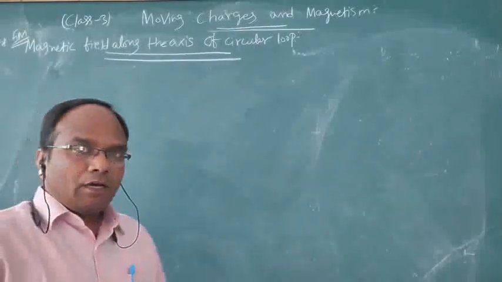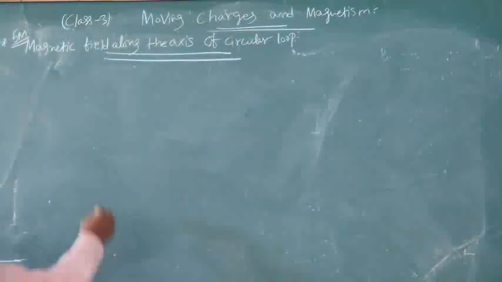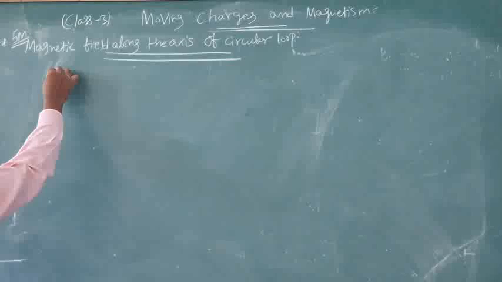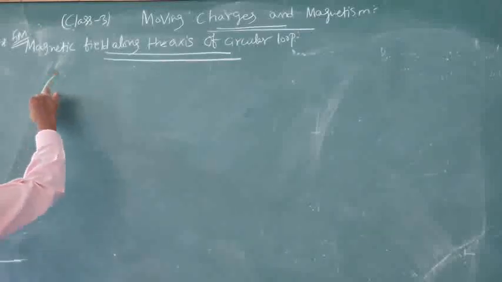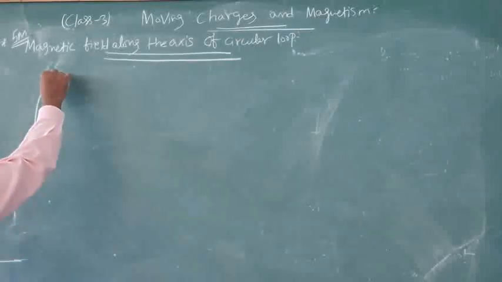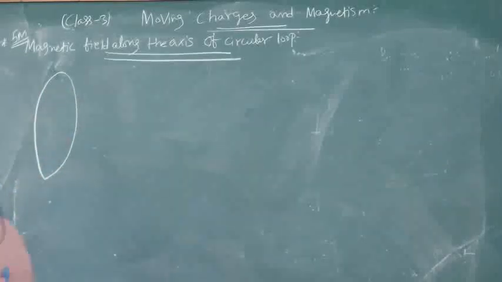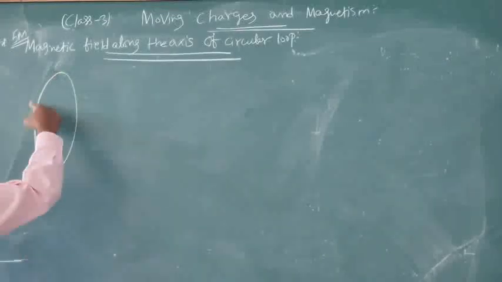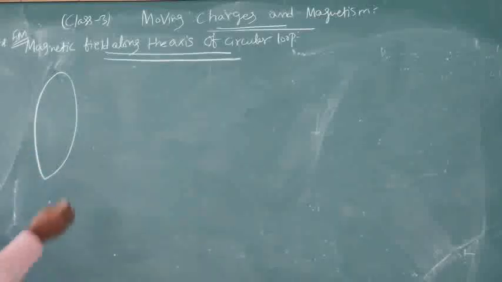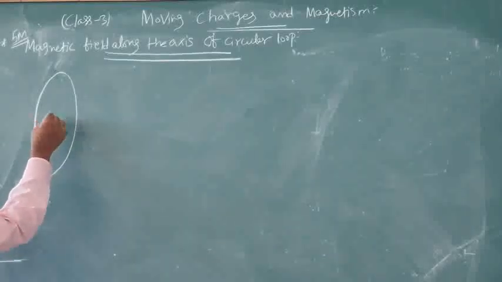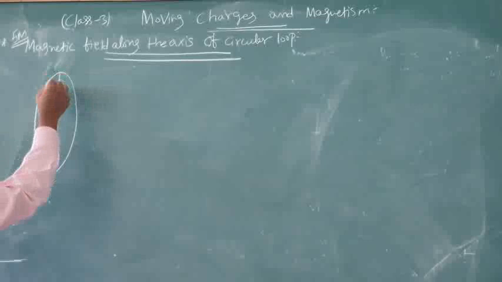Okay, now for this one, this is the circular loop. Now in this one, this is the total length L of the loop from the center to here.